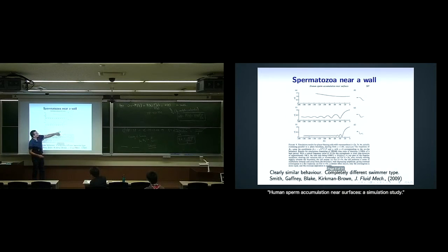This is the trajectory if you've got little sperm with long tails and ellipsoidal heads. They were solving these Stokes equations using all kinds of clever boundary integral methods, and these are the trajectories they got. You can see that basically they were doing the same thing, qualitatively the same dynamics. So it's a completely different swimmer type, but ultimately it was doing qualitatively the same thing.